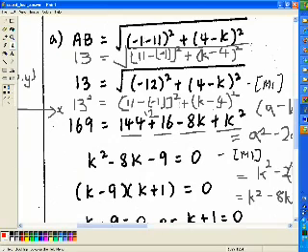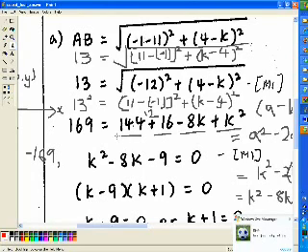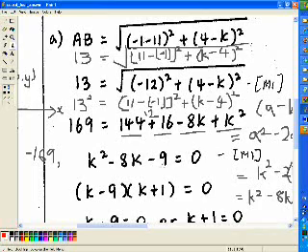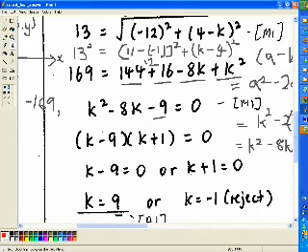After this step, we try to simplify. How do we simplify? We shouldn't say bring the number over, we balance the equation by subtracting 169 from both sides. This side will become 0, and this side will become minus 9. Then we factorize this quadratic equation. I hope you still remember this.